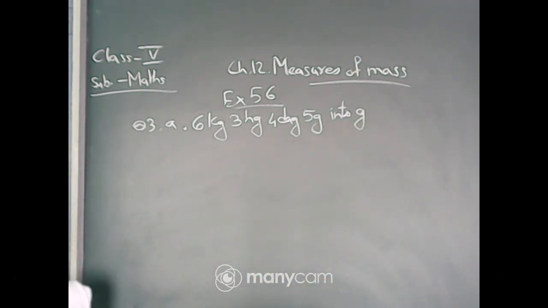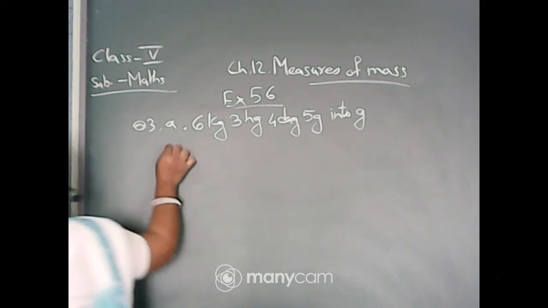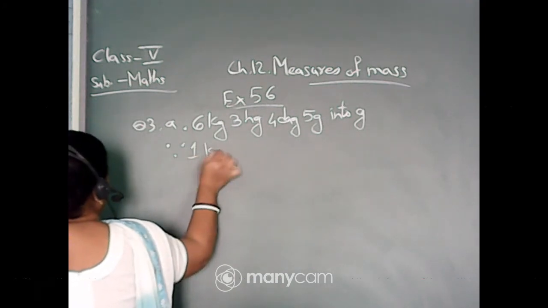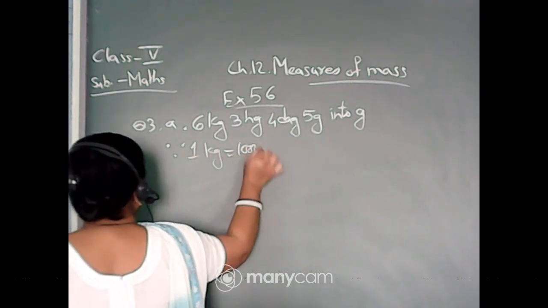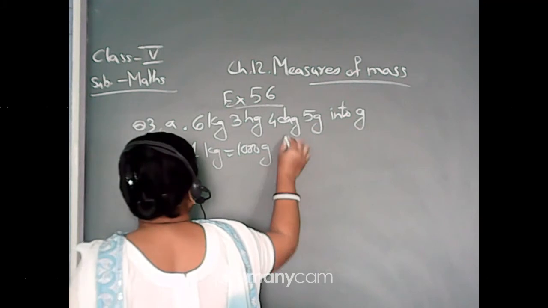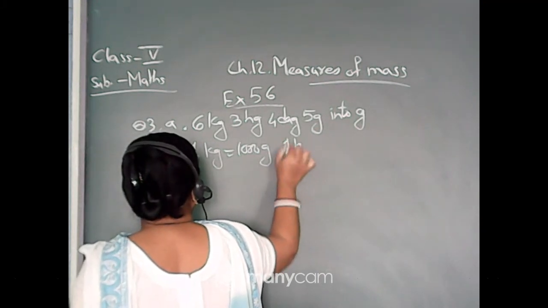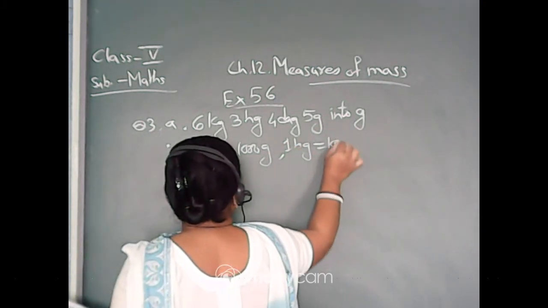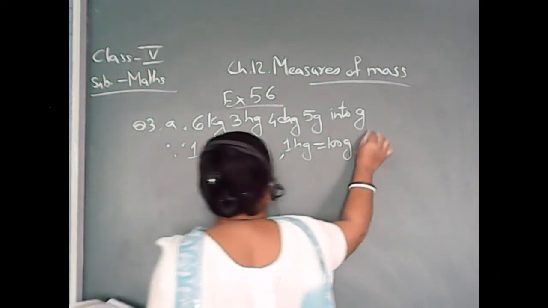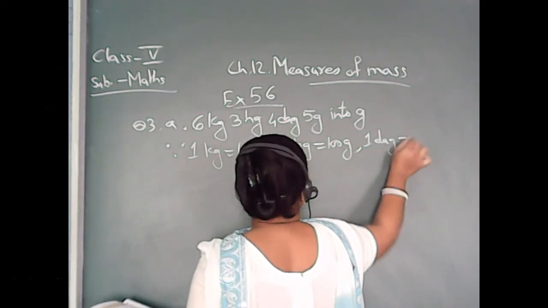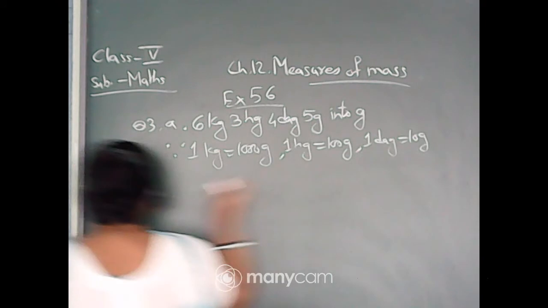As we know that since 1 kg is equals to 1000 gram, then 1 hectogram is equals to 100 gram, and then 1 decagram is equals to 10 gram.